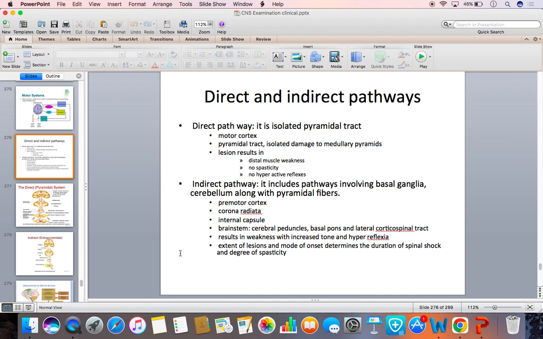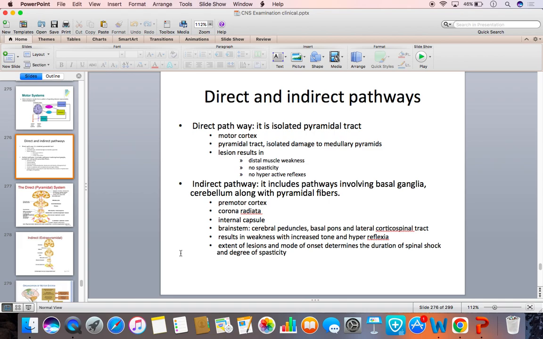Understood? So, pyramidal and main descending tracts, that is motor tracts, could be direct pathway or indirect pathway. Isolated pyramidal tract injury at the medullary pyramids is associated with the injury to the direct pathway. The indirect pathway includes basal ganglia, cerebellum, along with the pyramidal fibers.